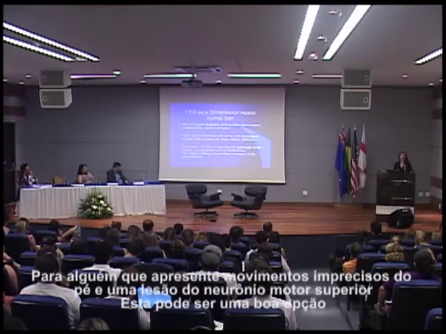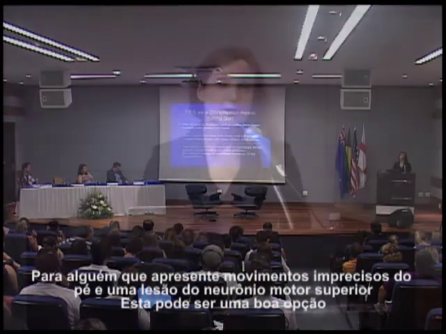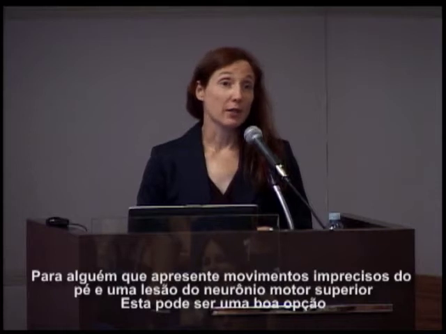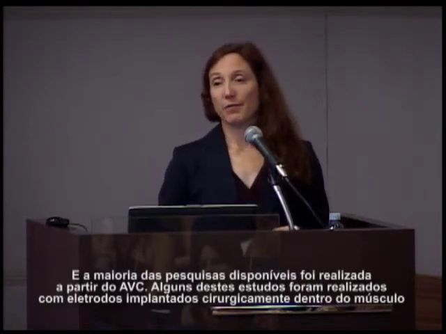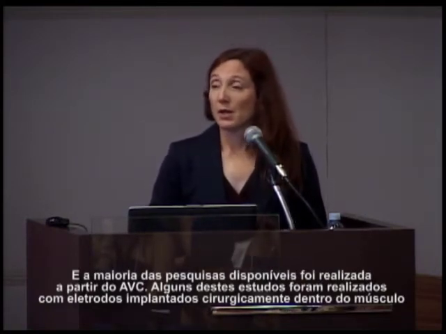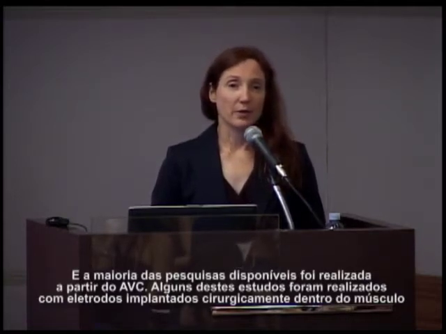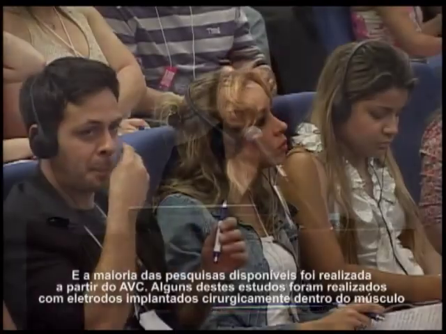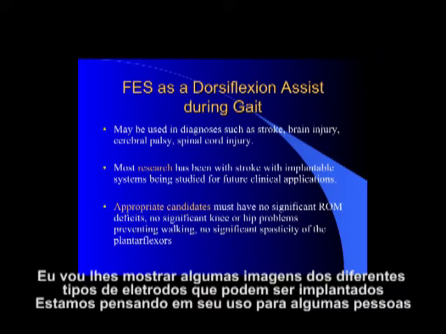If somebody has an issue with decreased foot clearance during swing, and they have an upper motor neuron injury, this may be a good option. And most of the research that is available has been done following stroke. And some of these have been done with implanted systems, where there's an electrode surgically implanted into the muscle.